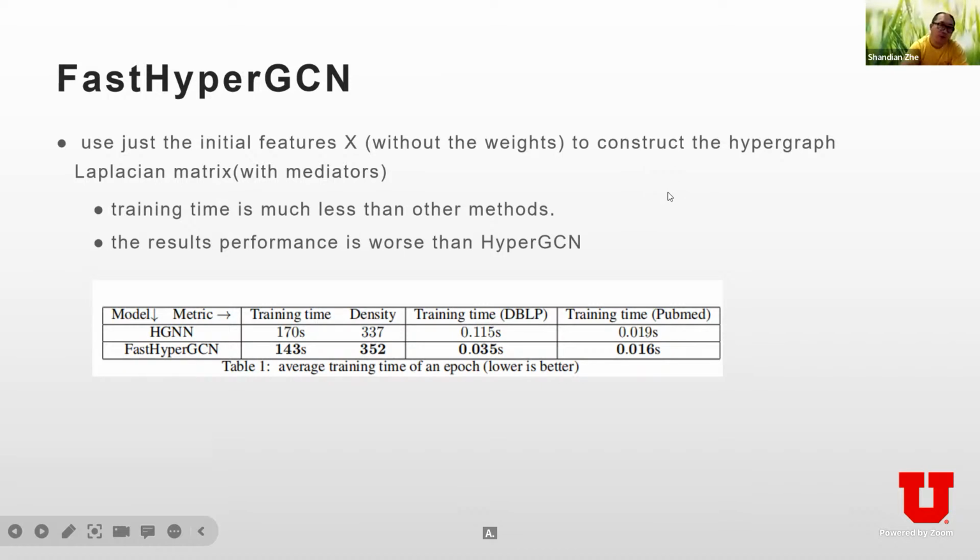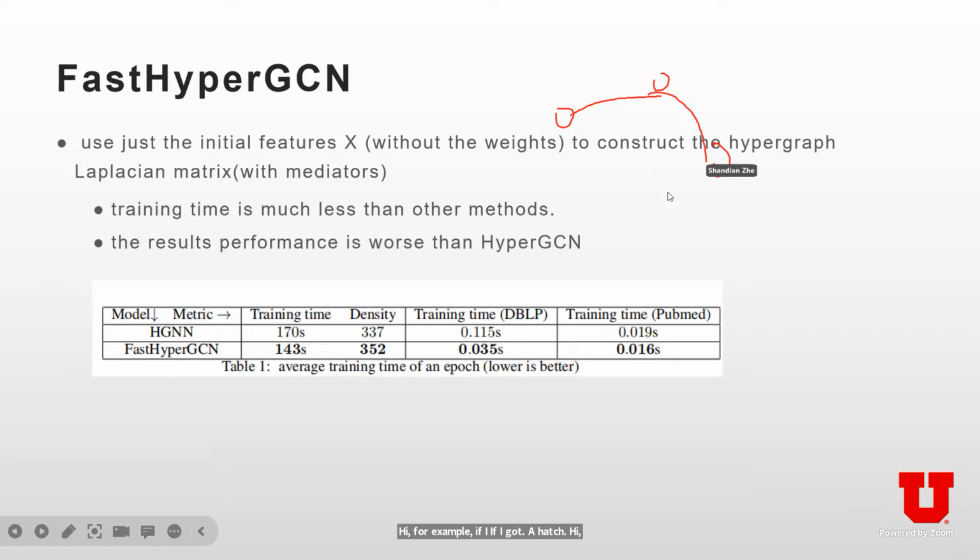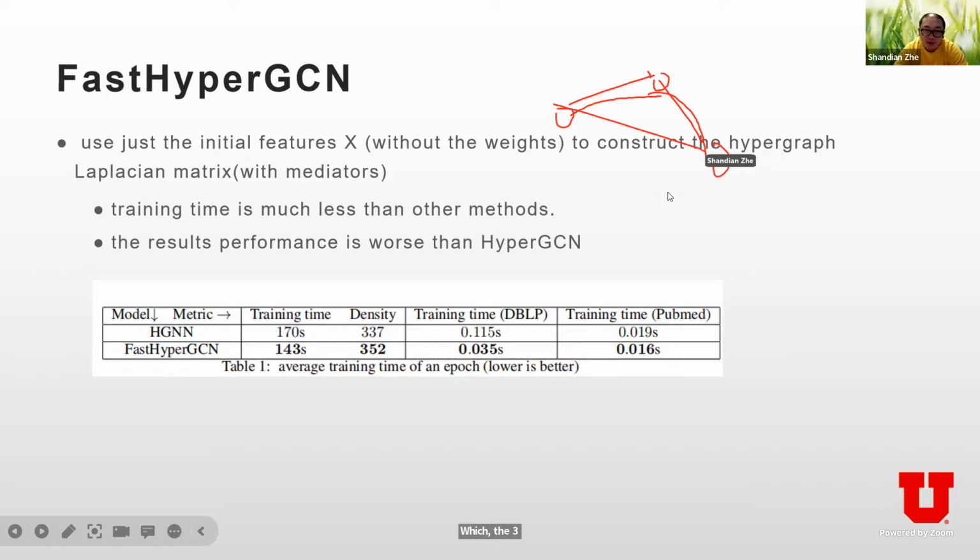Yeah, actually, there's a very straightforward approach. Why do they pick up a pair of the vertices who has the largest difference of the signal, right? Why not just construct a clique over the vertices in each hyperedge? Like for example, if I got a hyperedge which connects three nodes, why not just break this hyperedge and connect these three nodes pairwise?